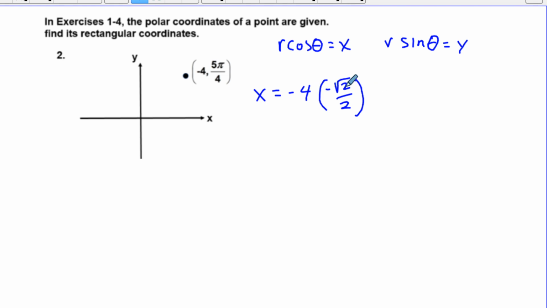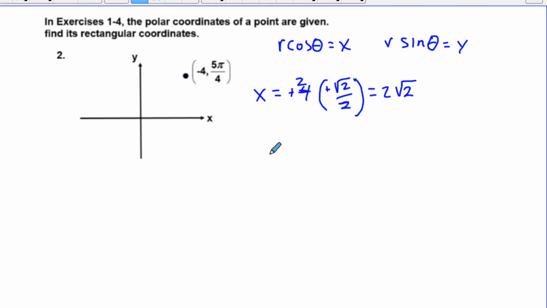But -4 times negative square root of 2 over 2, the negatives are going to cancel each other. And 4 over 2 becomes 2. So we have 2 square root of 2 as our x value.